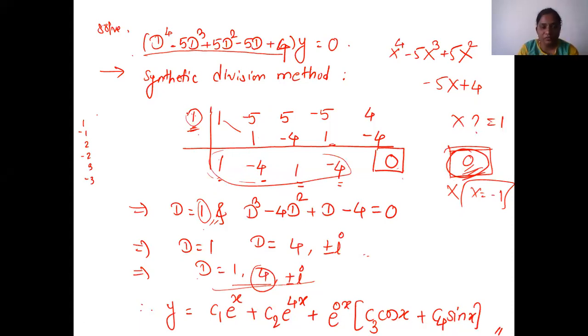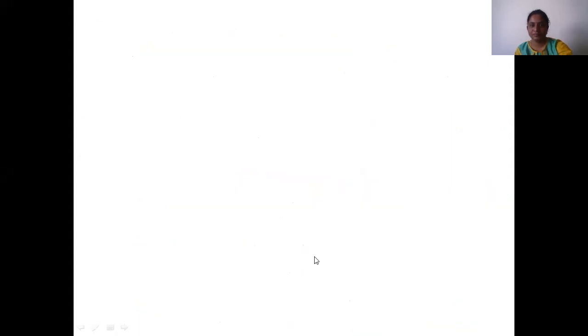If it is not for 1 or -1, we can directly find on the calculator the value for which it is 0, and write the answer directly. Is it okay? Any other doubt in yesterday's problem? Homework?